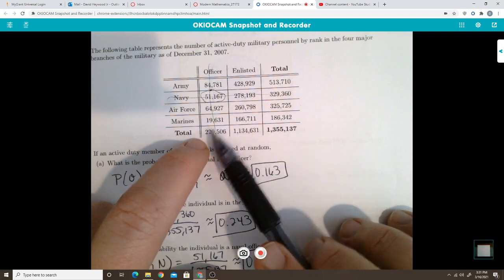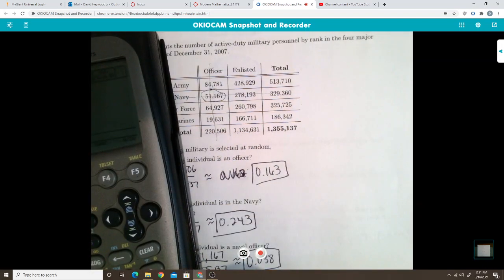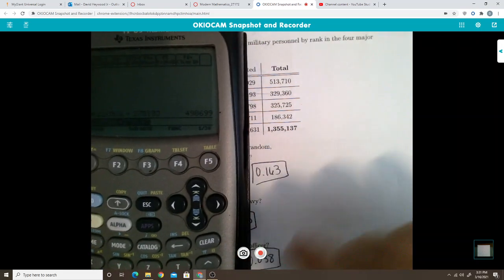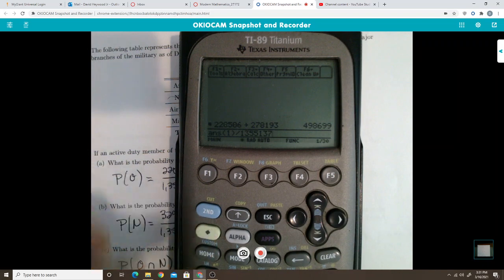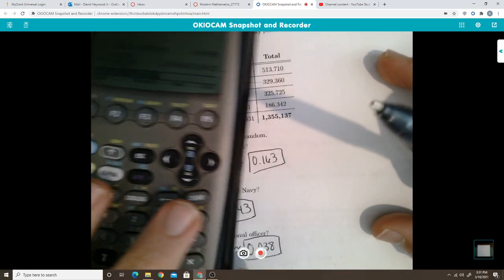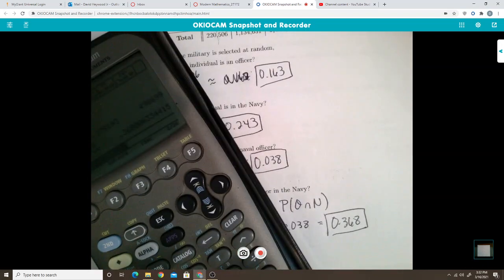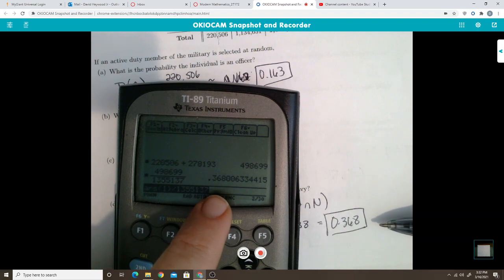So if I add those two numbers up, 220,506 plus 278,193, and then divide that by the total number of people, 1,355,137, you get 0.368, right? Just like what we got when we used the formula.